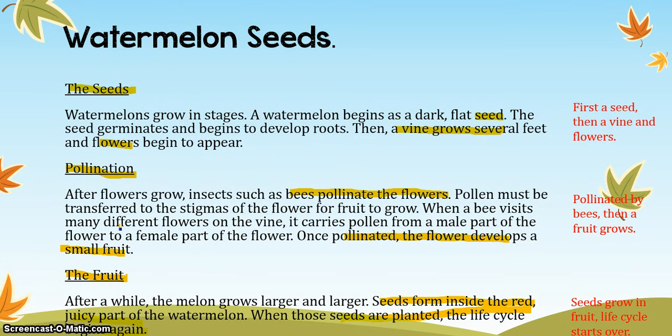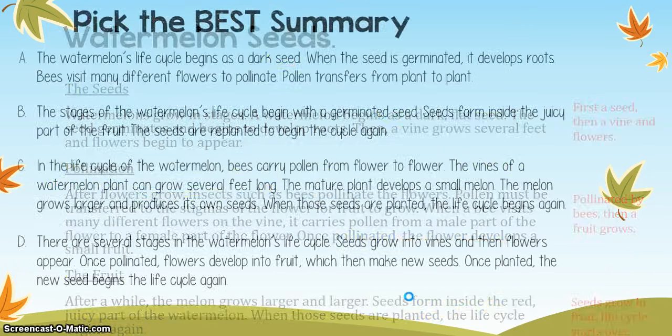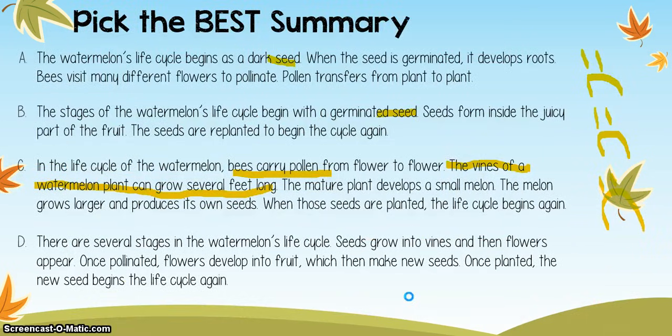So here, I know that it needs to include the seeds, it needs to include the vine and the flowers, it needs to include pollination and then the flowers growing a fruit, and then it also needs to include where the seeds grow inside the fruit again. So I'm going to go back and check. It says there are several stages of the watermelon's life cycle.